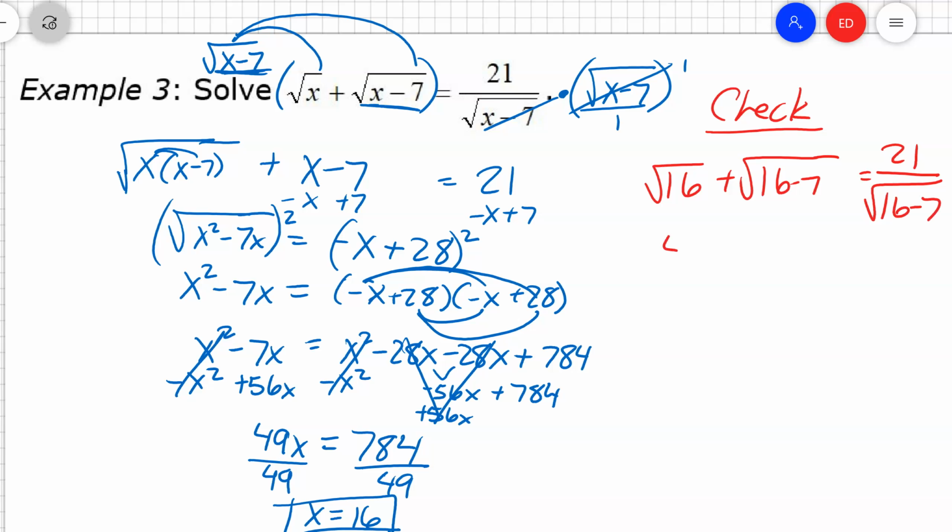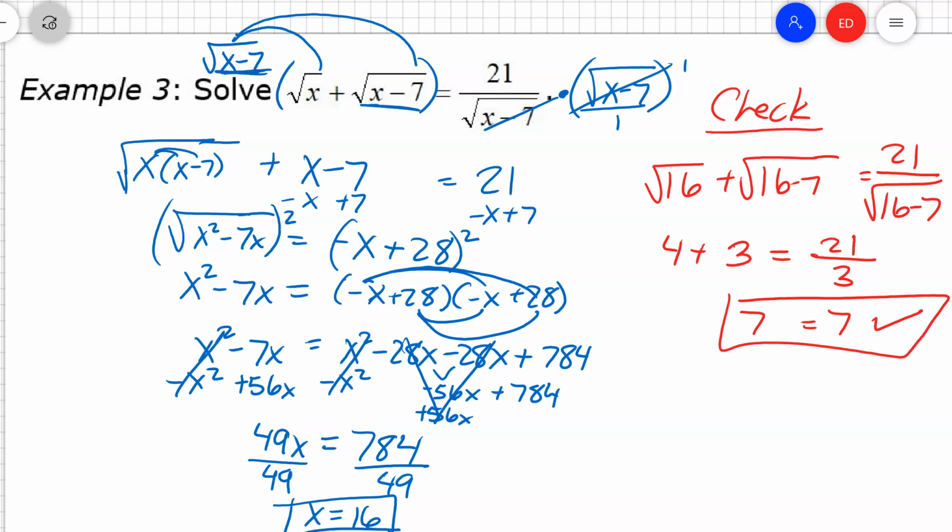The square root of 16 is 4, plus the square root of 16 minus 7 is the square root of 9, which would give us 3. 21, all divided by the square root of 9, which again is 3. So 21 divided by 3 just gives me 7 on that side and 7 on this side. So it does simplify out. Yay! 16 is an answer.